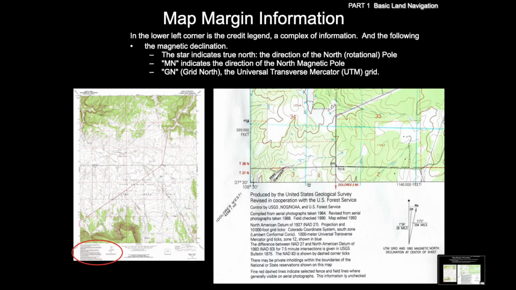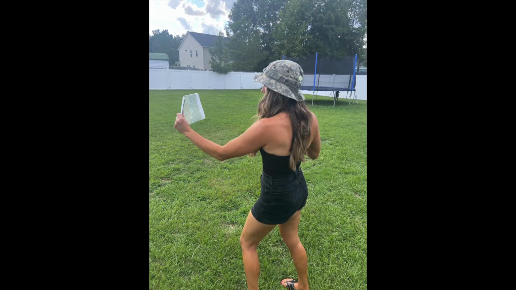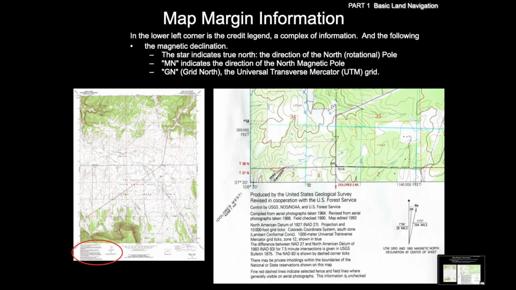The magnetic declination. This is probably the most important thing in the margin, I would say. It's going to give you the conversion that you're going to need to go from map to compass, compass to map, to plan your route effectively and not get super duper lost.